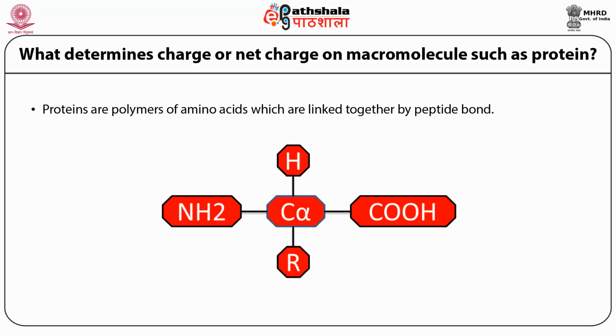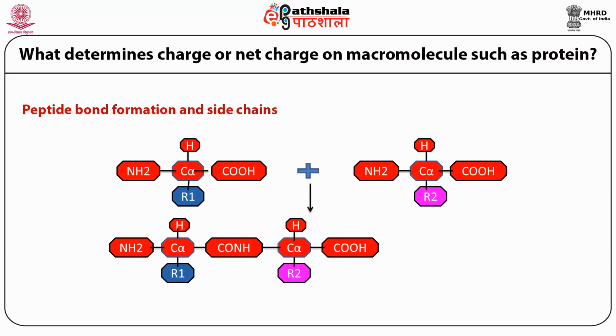whose dissociation can also contribute to the charge on amino acid. In this slide, we have shown you how two amino acids can combine through peptide bond, and this is essential, that this kind of joining of amino acids leads to the protein molecule.